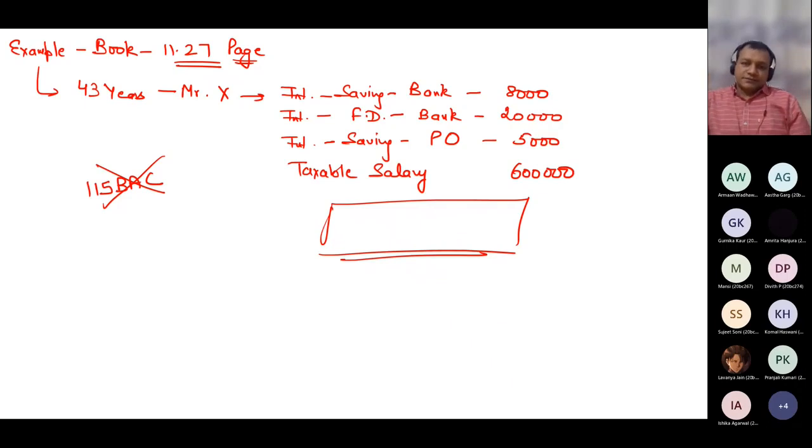Any answer? So deduction allowed is 9,500. You tell me final answer. Total income of 6,20,000.